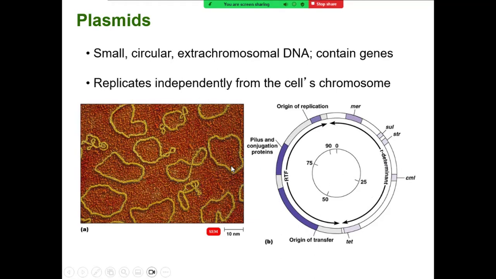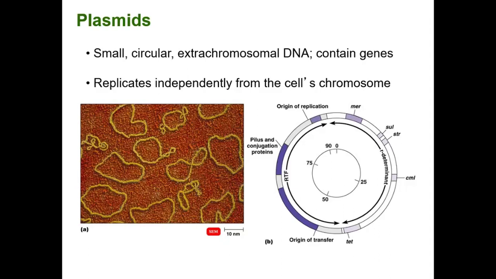Whereas a chromosome has tens of thousands of genes on it. If we're talking about E. coli, it probably has 20,000 genes on it. So the chromosome is much larger, but they both are circular molecules of DNA. So in that sense, they're the same.